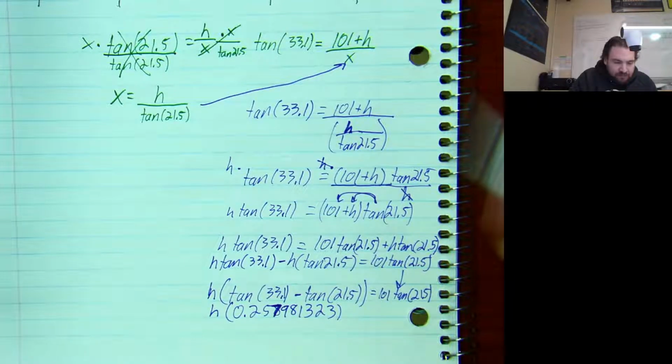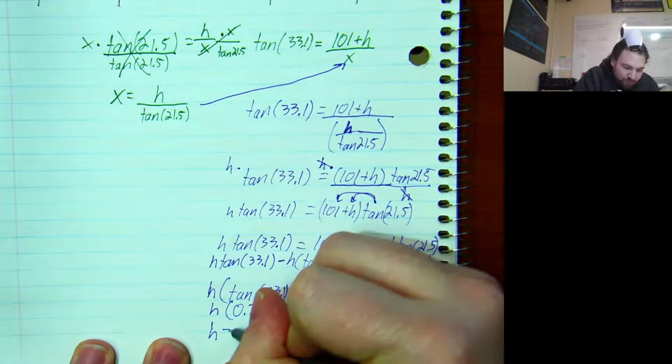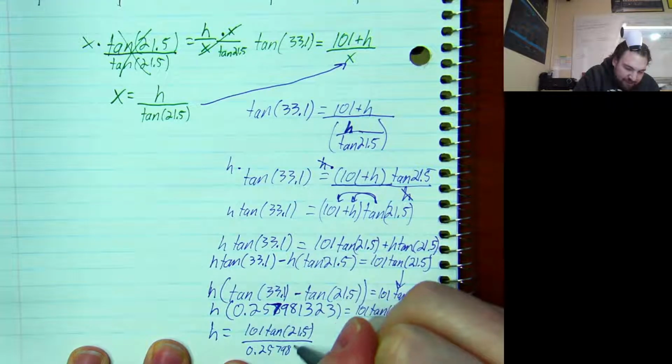Equals 101 tan of 21.5. Now, Manuel, I can do what you were going to suggest before. I can divide this down. So I'm going to get H equals 101 tan 21.5 divided by 0.257981323.